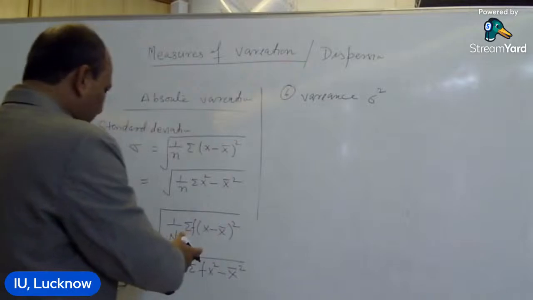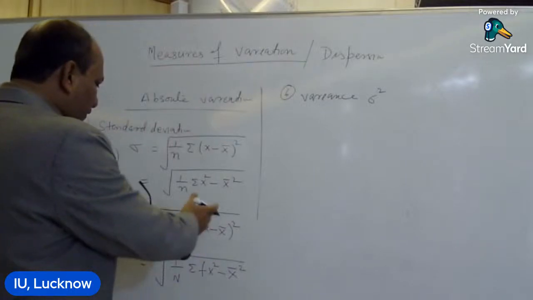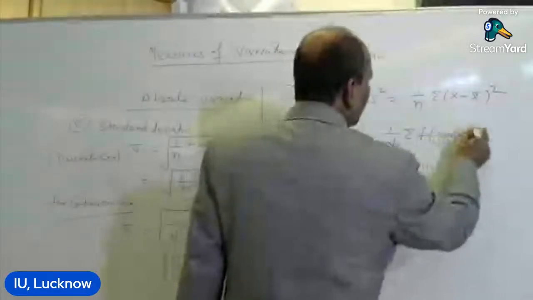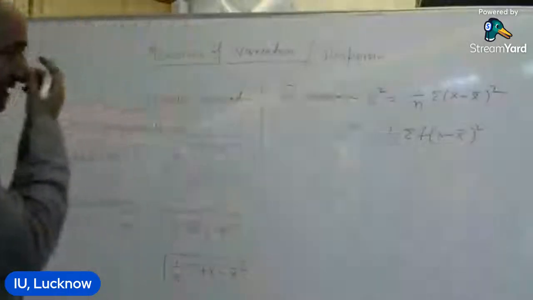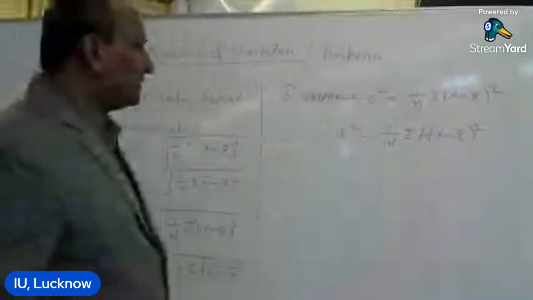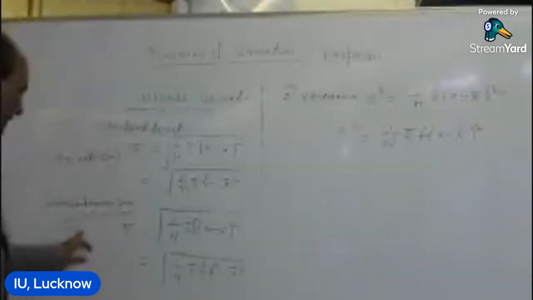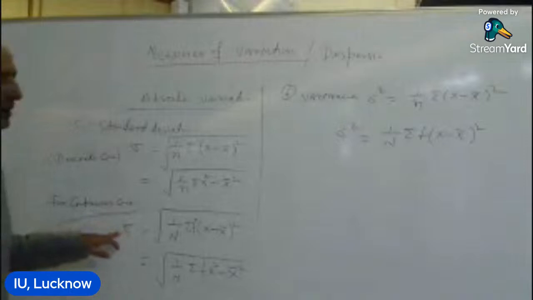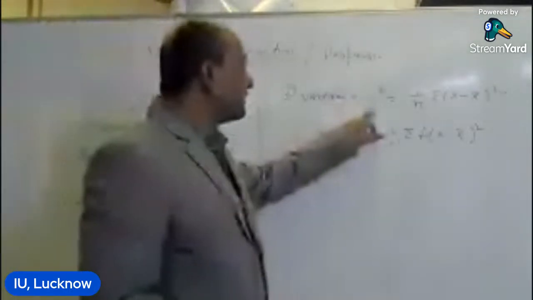So you just remove the square root, and variance will be written as 1 upon n summation (x minus x bar) whole square in case of discrete, and for the continuous case this can be written as 1 upon N summation f into (x minus x bar) whole square. So this is the formula for variance. Variance is nothing but the square of the standard deviation. We denote the standard deviation by sigma, and squaring it, sigma square means variance.